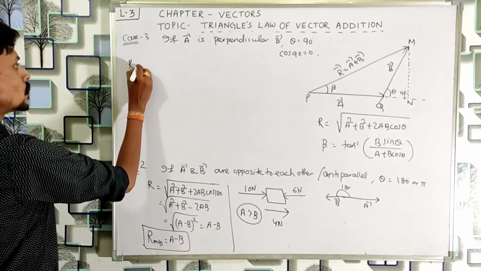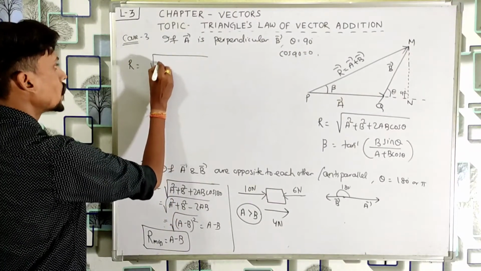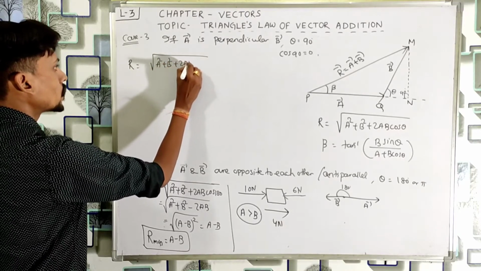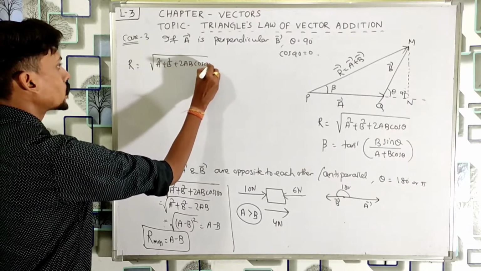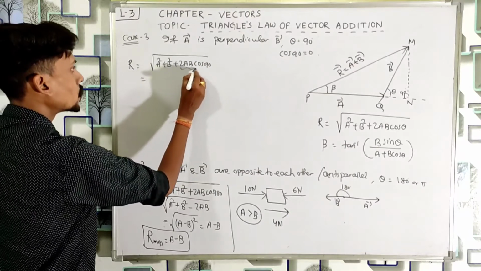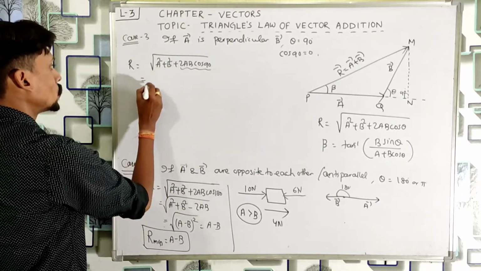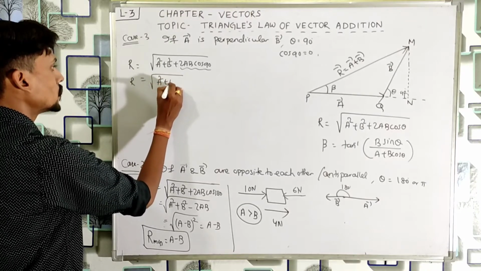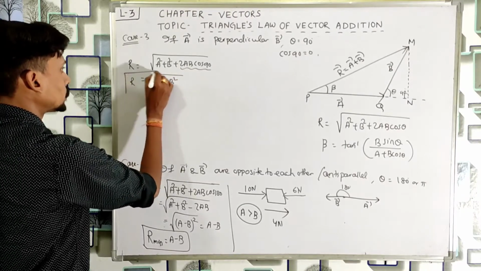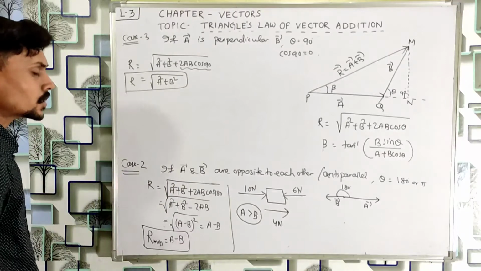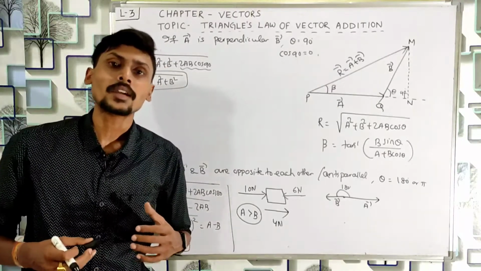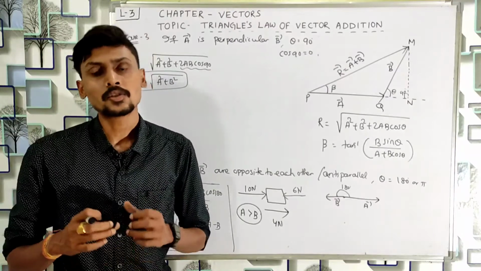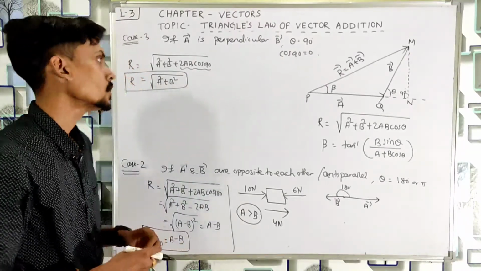So R is equal to square root of A square plus B square plus 2AB cos 90, and cos 90 is 0, so this term will become 0. So we will get R equal to square root of A square plus B square. So you can see that when I am changing the angle between the two vectors, the value of the resultant is also changing. Is that clear?